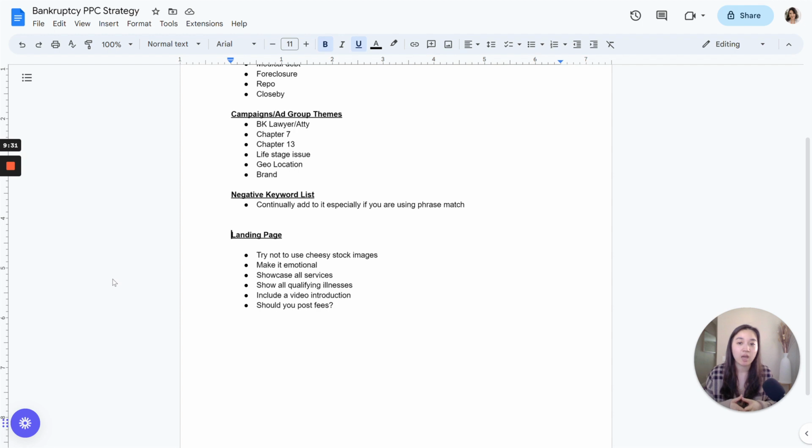not as common. And then on top of that, make your landing page emotional. There's gotta be a lot of empathy, because people that are going through this type of situation, whether they're going to lose their house or lose their car or they're drowning in so much debt. We want to make sure that we have empathy for the end user and show them exactly how we can help them out.